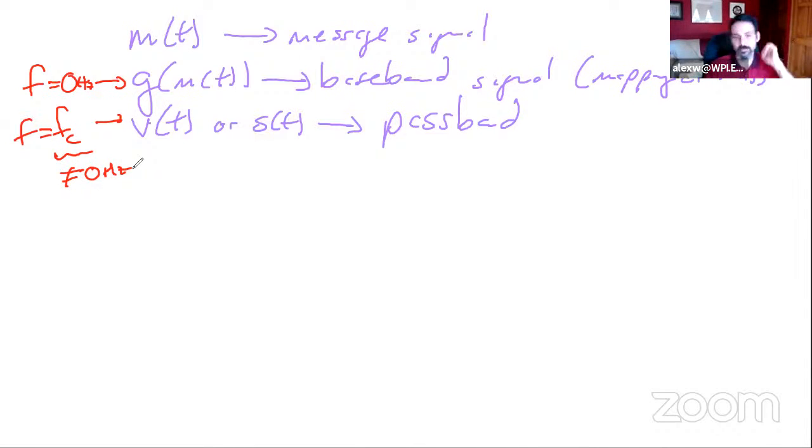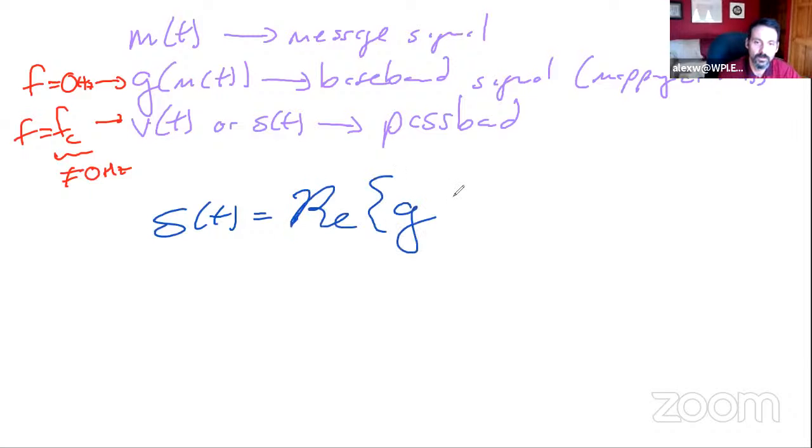So we've got the baseband signal and the passband signal. Now, let's look at the mathematical formulation. Ultimately, S of t is equal to the real part of G of M of t times e to the j 2 pi fc t.